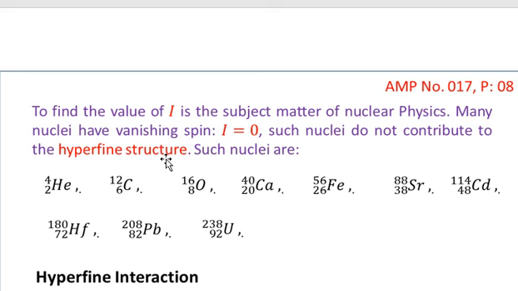Those elements are listed here, for example helium, carbon, oxygen, calcium, iron, strontium, cadmium, hafnium, lead, and uranium. These are the elements for which the value of capital I is equal to 0, so you cannot observe the hyperfine structure for them.